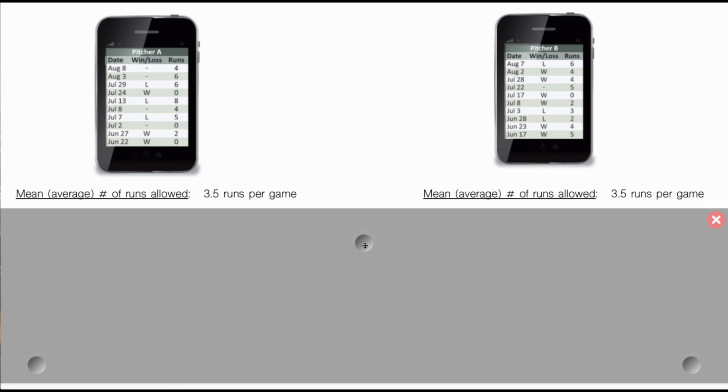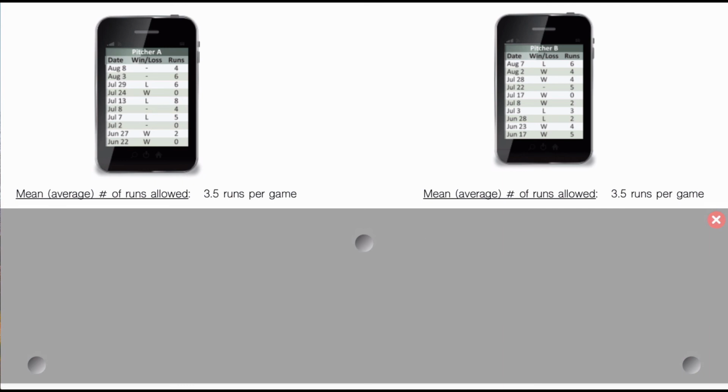And you'd find that pitcher B has also let up 3.5 runs per game. I didn't show the math, but all I did was I added up all of the runs and divided by 10. And both of them happen to have the same exact average. So the mean doesn't actually help me right now. They both have let up the same number of runs.